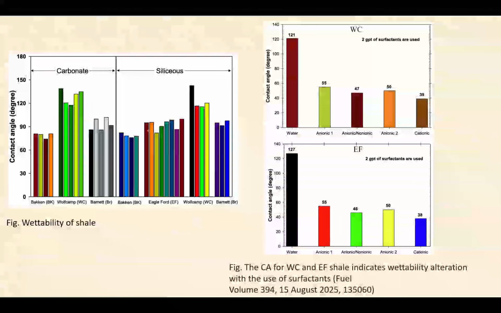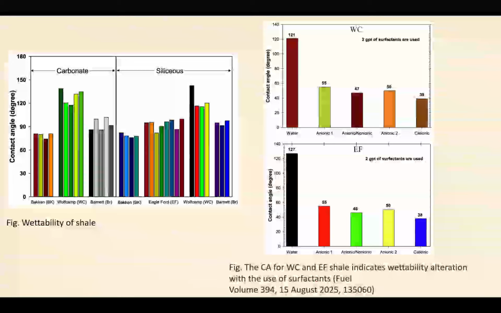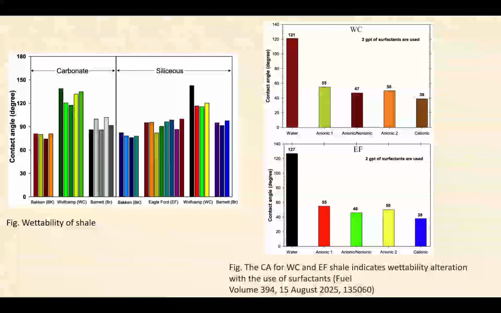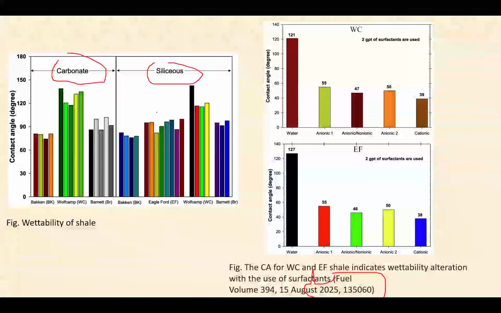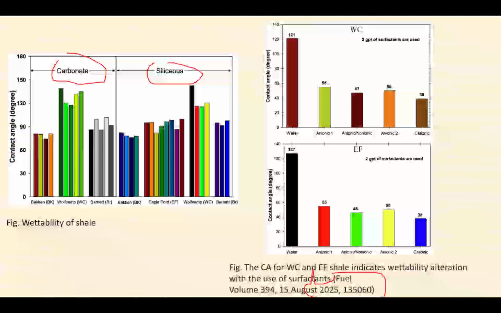Now, this data is taken from a recent paper. Here you can see that there are two different types of shale rock: one is carbonate, and another is siliceous shale. And there are different types of rocks, particularly in this data; if you refer to the earlier figures, this is taken from some fields of the USA.